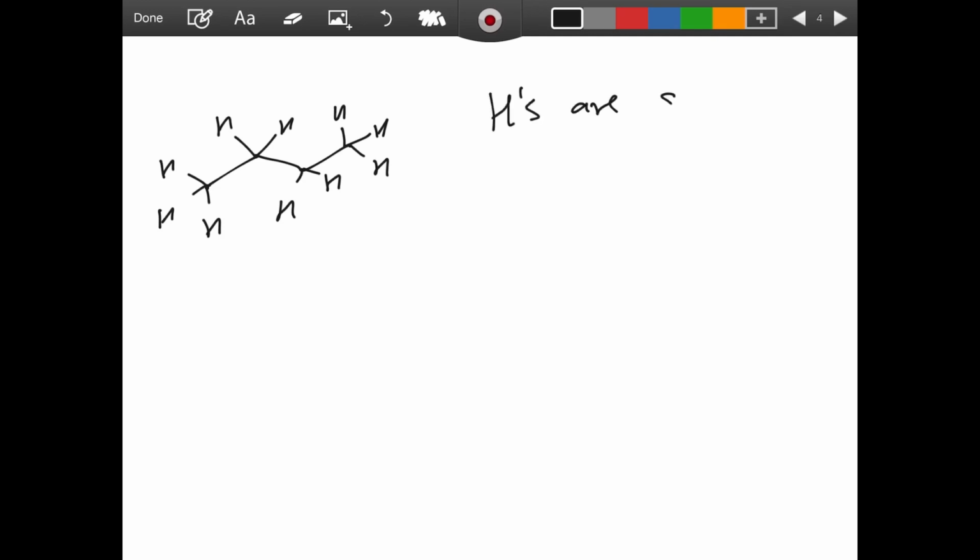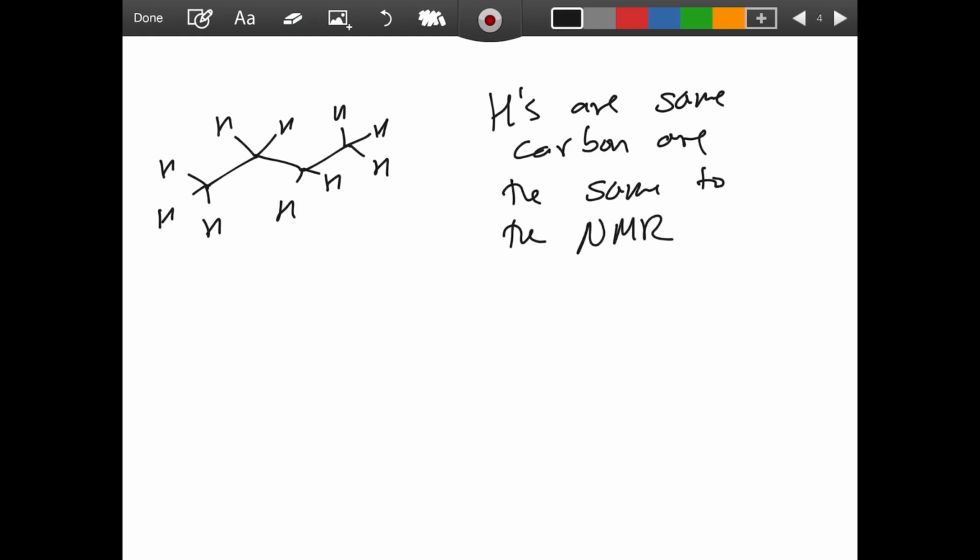Another way that you get chemically equivalent protons, right, is, we'll go back to our butane example here, if you have hydrogens on the same carbon, so H's on the same carbon are the same to the NMR.